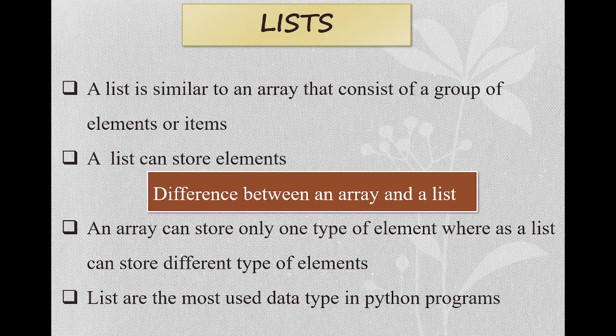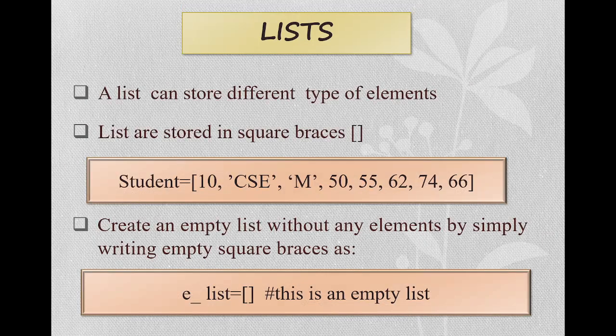The difference between an array and a list: an array can store only one type of element, whereas a list can store different types of elements. Lists are the most used data type in Python programs. It is a mutable one. Lists are stored in square brackets.